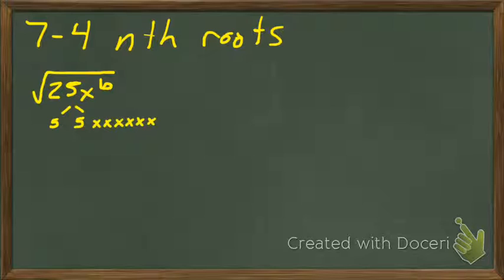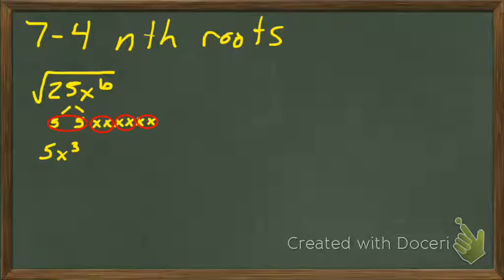Since we're dealing with the square root, we circle our pairs. The pairs go out, the lonelies stay home. We've talked about all this several times. The correct answer to this one would be 5x to the 3rd.